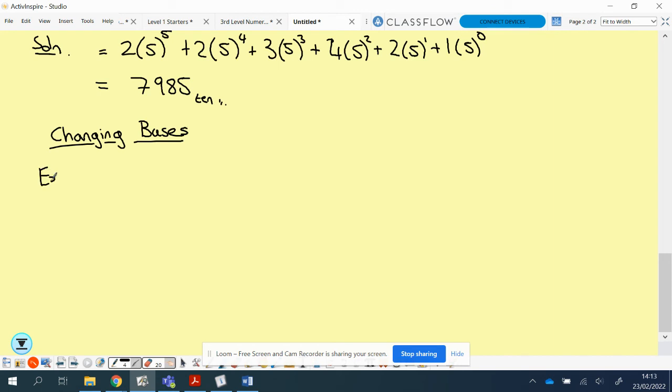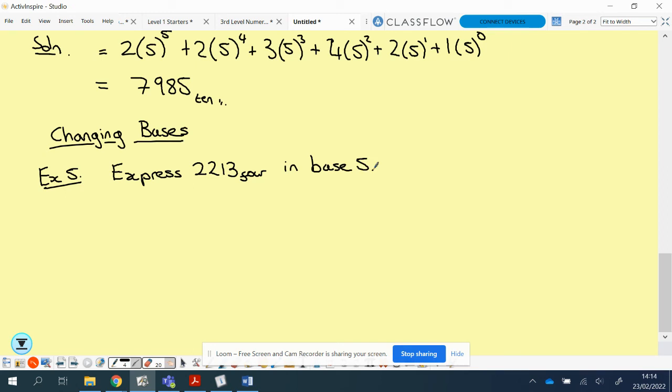So example 5. Express 2213, which will be in base 4, if we want to change that into base 5.